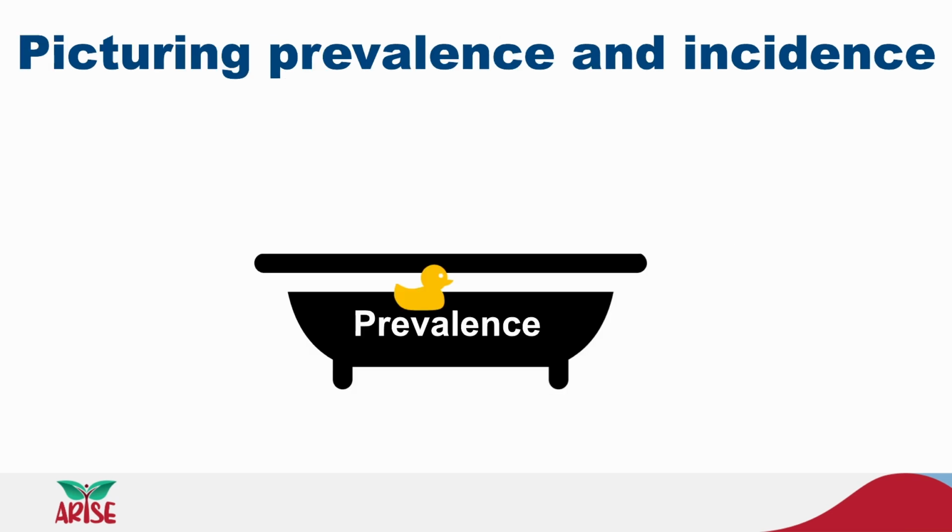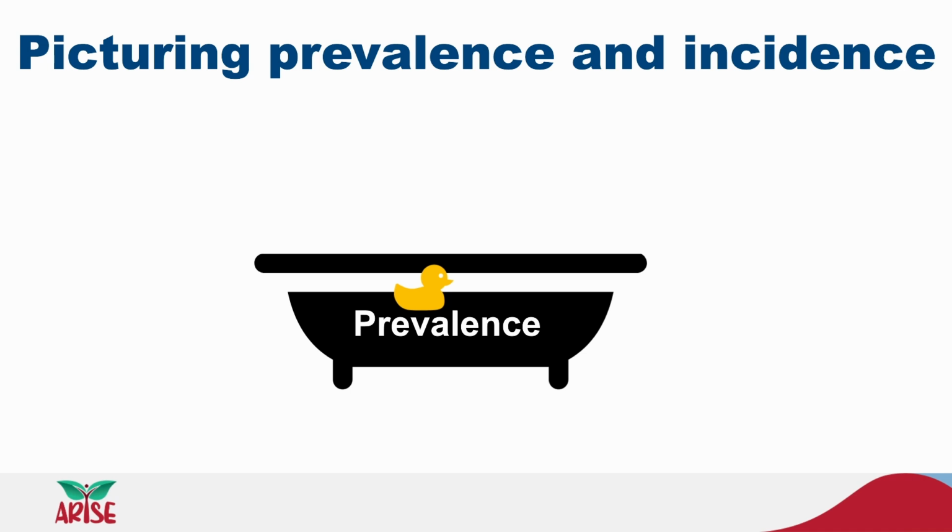Let's picture the prevalence and incidence of a health condition using the bathtub analogy. Say we are talking about anxiety disorders in Ghana. The bathtub full of water represents the prevalence of an anxiety disorder in a 12-month period in a particular population.